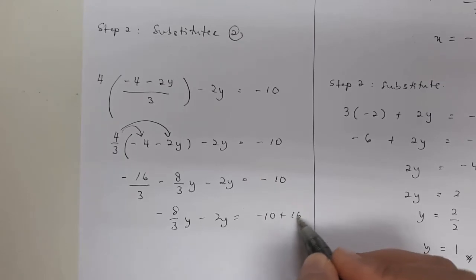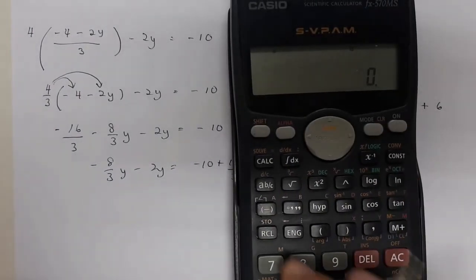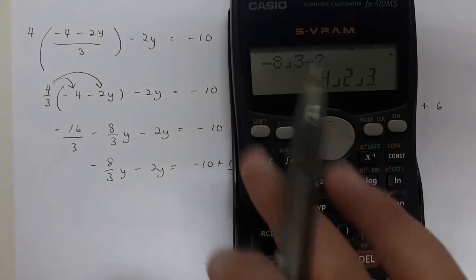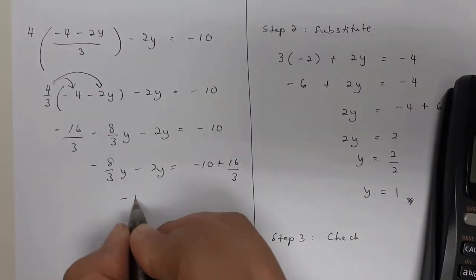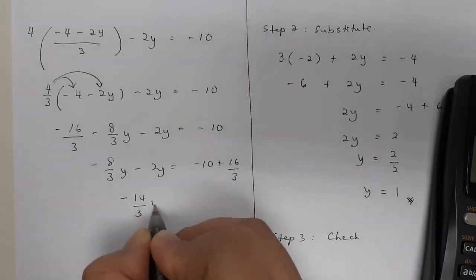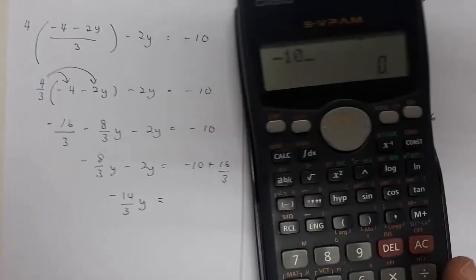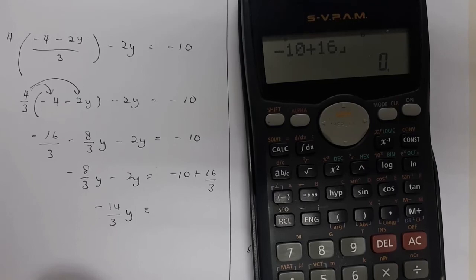Okay, use your calculator. Negative 8 over 3 minus 2 equal negative 14 over 3. So negative 14 over 3y equal negative 10 plus 16 over 3.